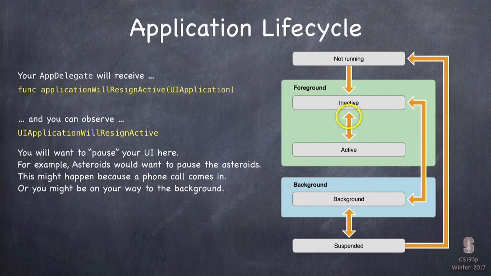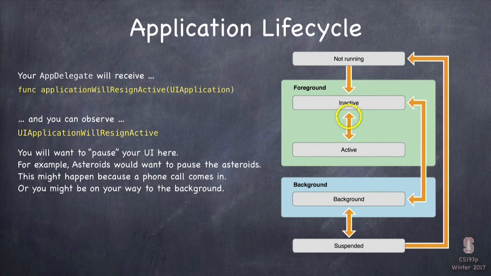This transition, which is the will resign active transition, you want to think of as the pause button. This is where your app wants to pause. So if we were doing an asteroids app, I'd want to stop all of my asteroids, remember what their velocities were, and be in a pause state. And then I'll show you in a second when I'm going to unpause and put it all back. So I like to think of this one as pause.